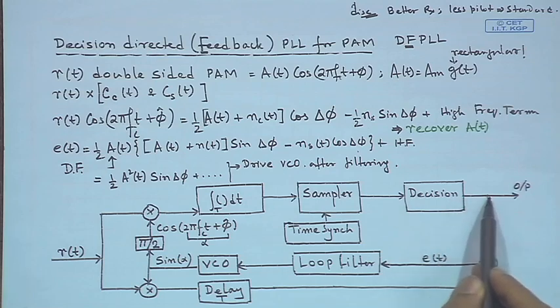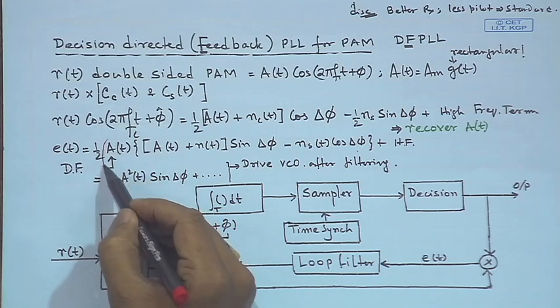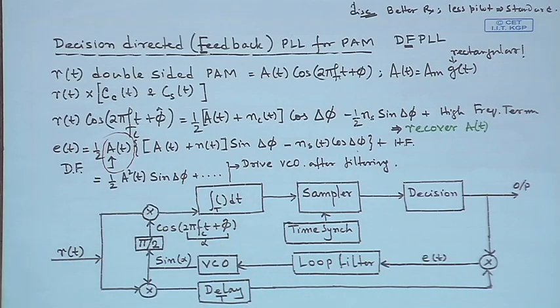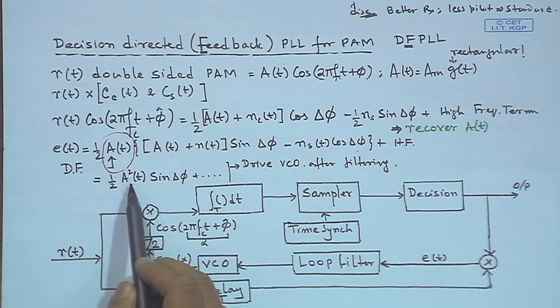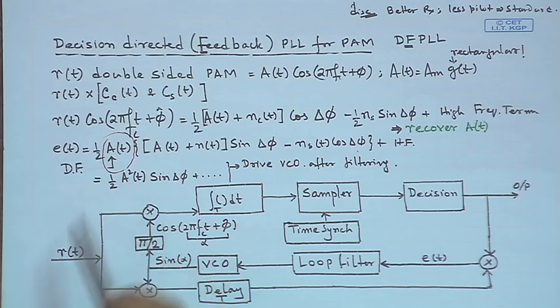This decision is A(t), which is fed over here and multiplied. What we have decoded is multiplied, and since we have A squared, the sign would go away. So, it will only have the magnitude, and hence when passed through the loop filter it removes the high frequency components and then drives the VCO.